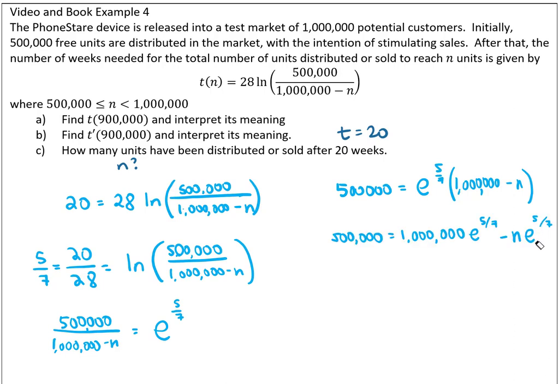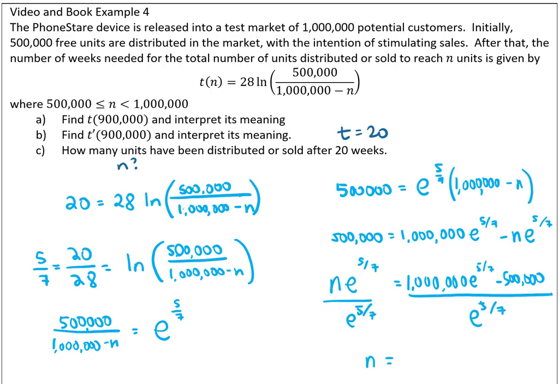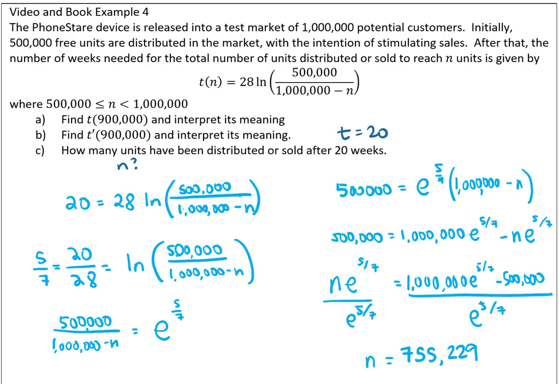And then I'm going to move the variable over to this side and the numbers over to that side. And then I'm going to divide everything by the e to the 5/7. And then using my calculator to simplify the right-hand side, I get n is equal to 755,229. N stands for number of units. So this would be how many units are sold after 20 weeks.